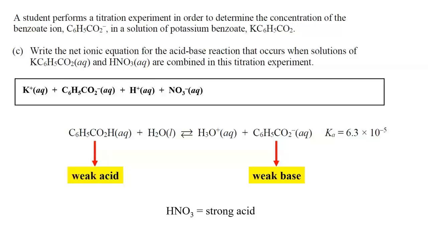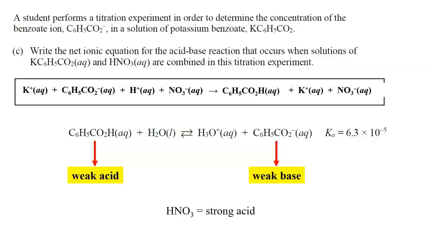That's going to be the product on the right side of the equation, but I'm going to write that as one formula, not split up into separate ions because it's a weak acid. And then hopefully you can see that the other product is simply the ionic compound, potassium nitrate. So potassium nitrate, KNO3, would be separated into soluble ions. So potassium and nitrate are going to be those soluble snap ions.